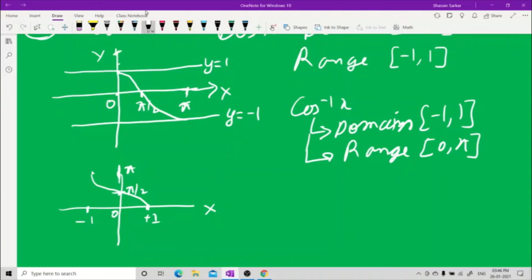Pi will be somewhere here, and pi by 2 would be somewhere here, and I try to draw this graph here. It will be something like this. This is that.